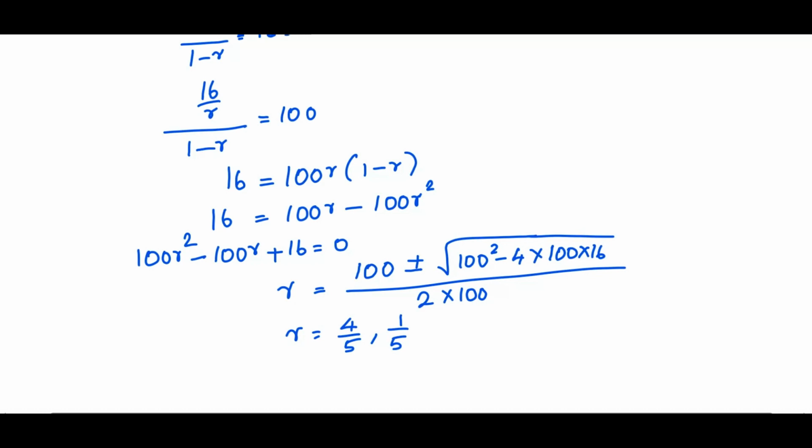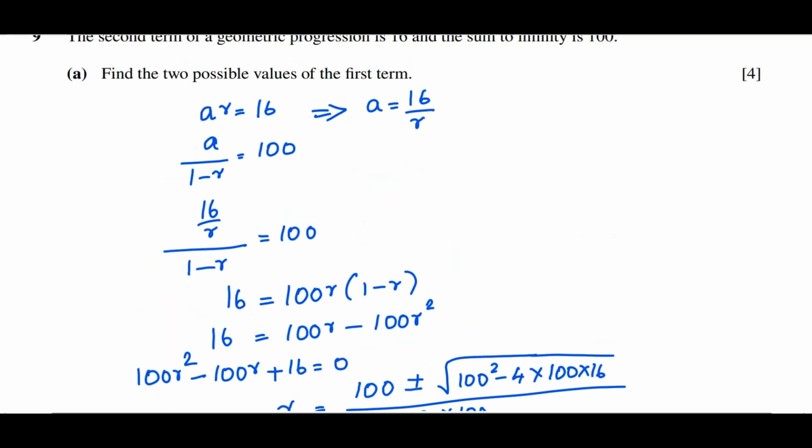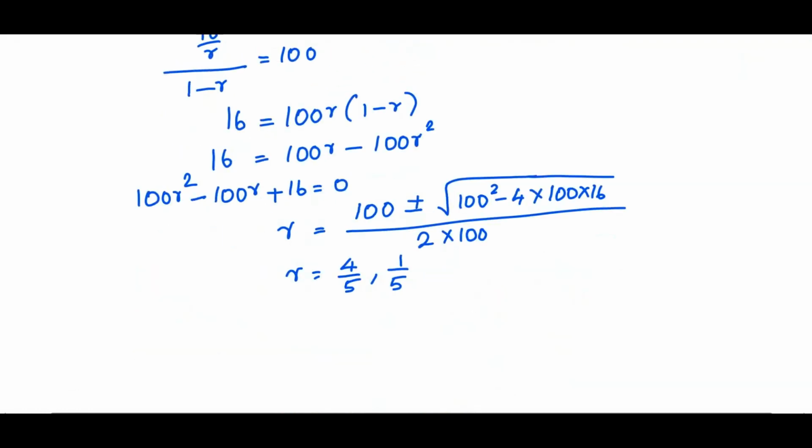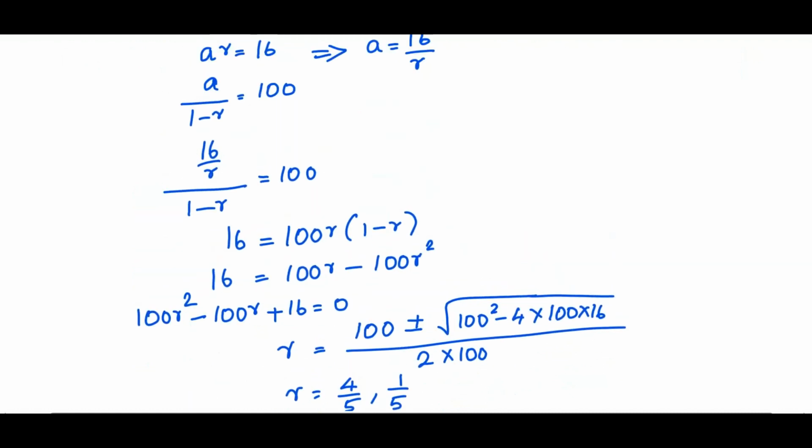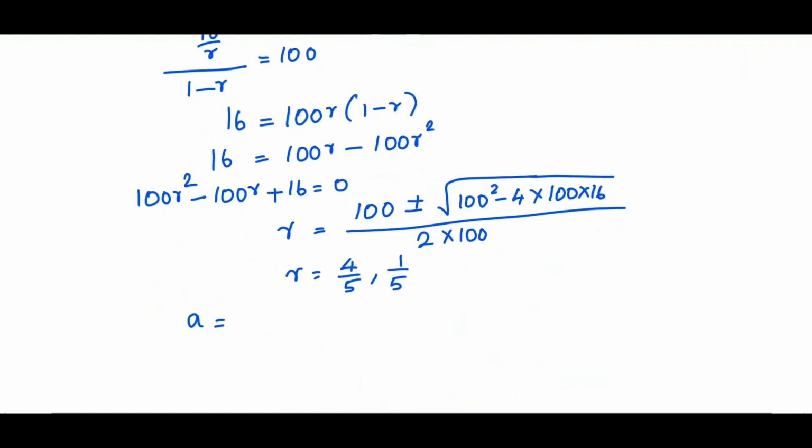So we need to find the two possible values of the first term. So we need to find the value of A. We know AR equal to 16. So A equal to 16 divided by R, which is 16 divided by 4 over 5, which is equal to 20.